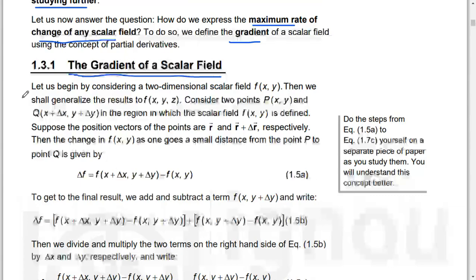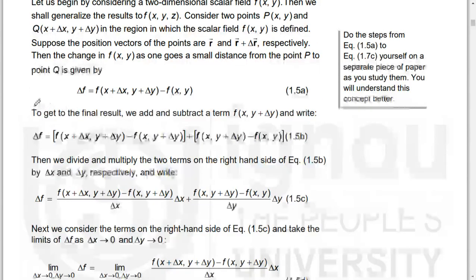Suppose the position vectors of the points are r vector and r plus delta r respectively. Then the change in f(x,y) as one goes a small distance from the point P to point Q is given by delta f equal to f(x plus delta x, y plus delta y) minus f(x,y).